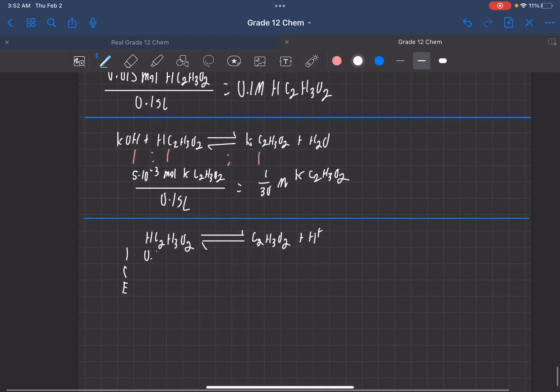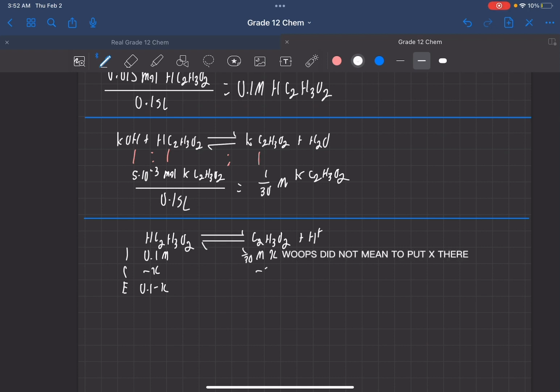So 0.1 molar. So that's minus x, and then 0.1 minus x. And we had 1/30, or 0.03 repeating molar of the ethanoate ion. So that would be minus x, and then plus x, and 1/30 plus x.